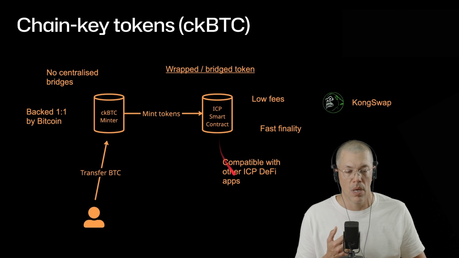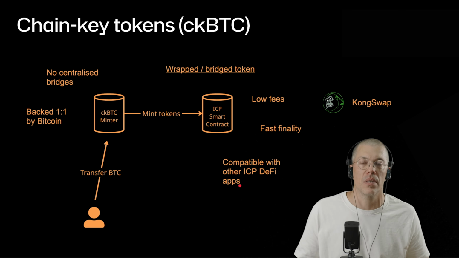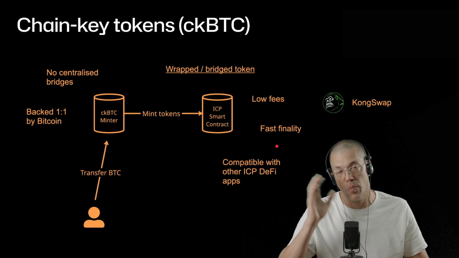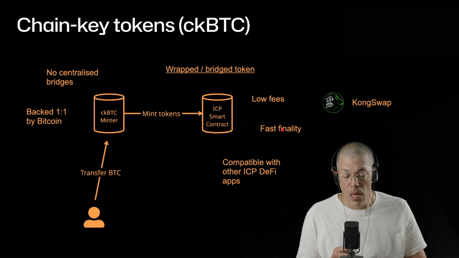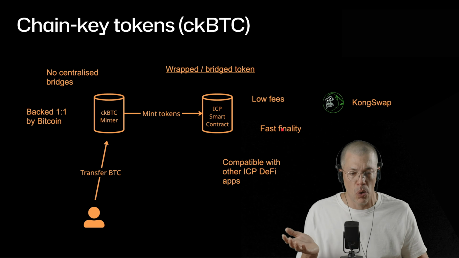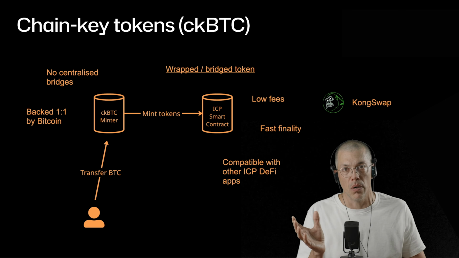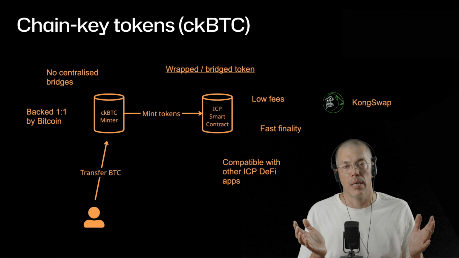You can use it with other DeFi applications, and you can enjoy a number of benefits that come with transacting directly on ICP, such as super fast finality and low fees, etc. While at the same time knowing that this token is fully backed by Bitcoin, and there are no centralized bridges of any kind.